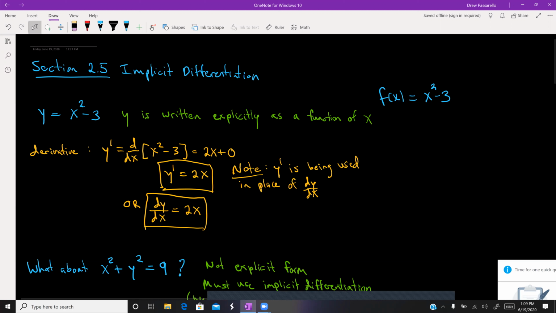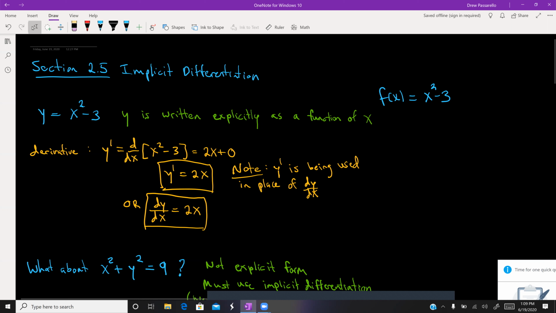So the variable in the denominator is the variable with respect to which you're taking the derivative. So for x squared minus 3, the derivative of x squared is 2 times x because of the power rule, and the derivative of minus 3 is 0 because that's a constant.